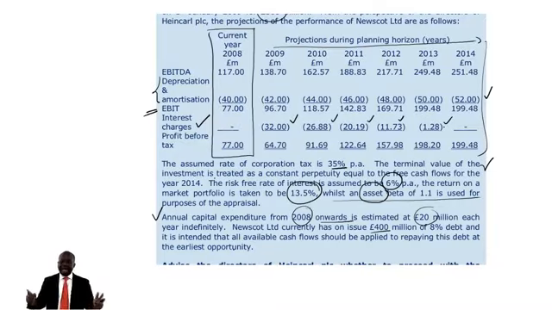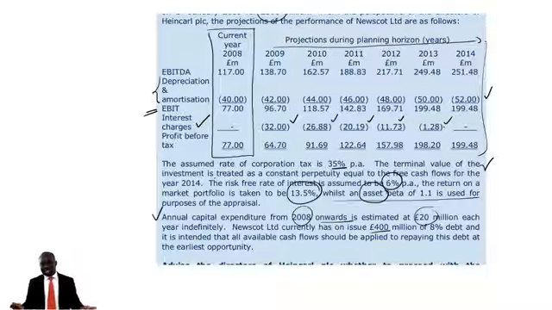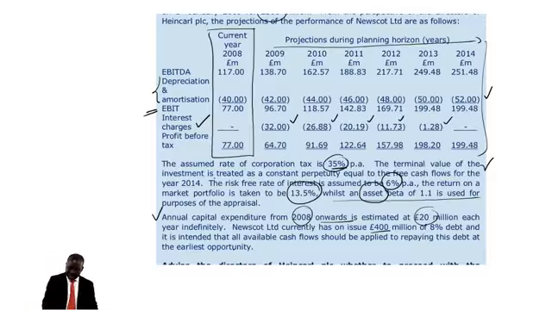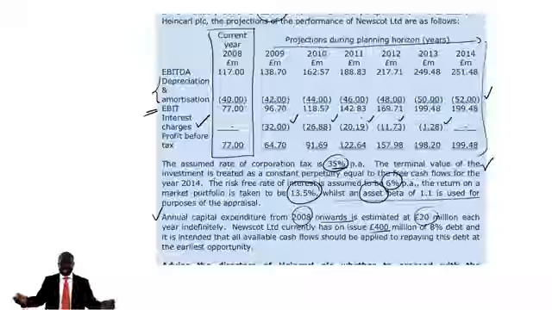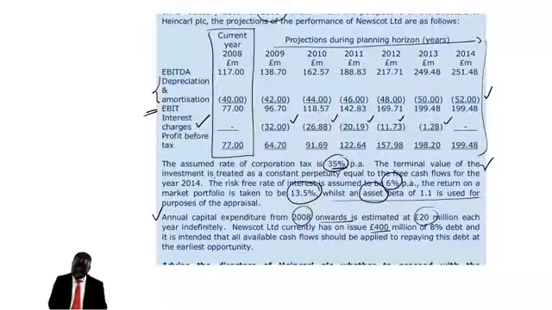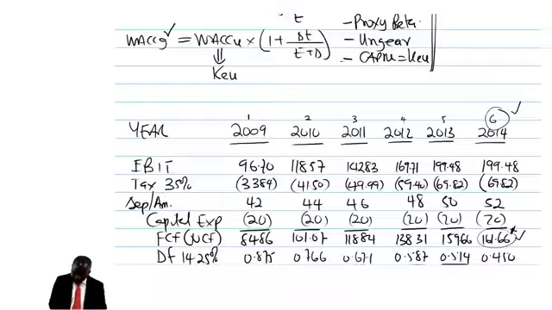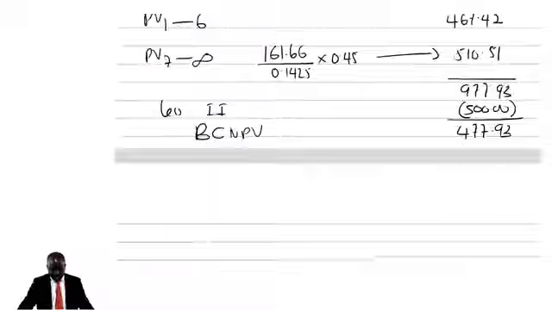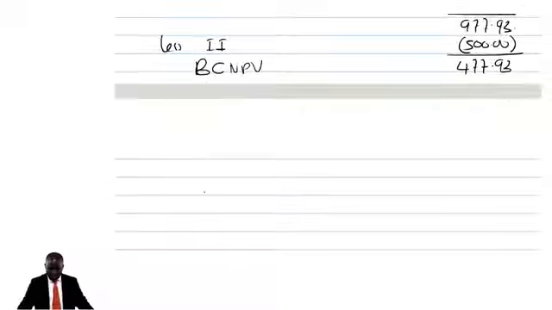The moment I pay interest, it should save me what? Tax. What will be the tax savings? Tax savings is always the expense multiplied by the tax rate. Tax rate is 35%. So when I multiply the tax rate by this interest, I find the present value of that, and I have finished the present value of the finance effect.